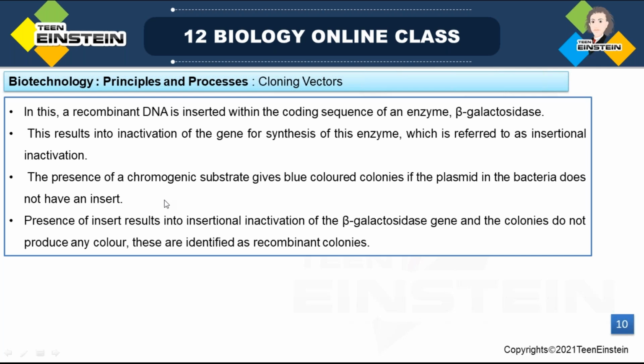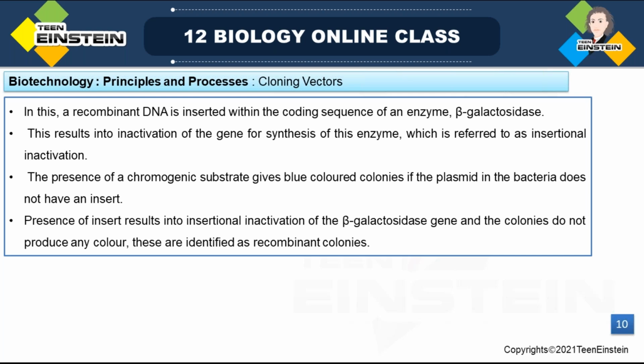If that chromogenic substrate is present, when it is reacting with it, it will give blue colored colonies, if the plasmid in that bacteria does not have an insert, if nothing is inserted, there is no recombination, or there is no foreign DNA in that. In such cases it will give blue color.